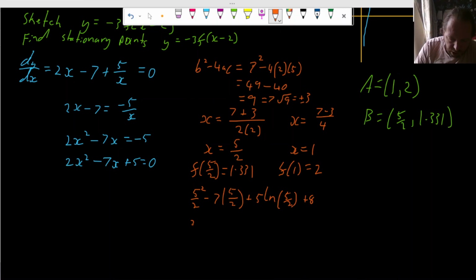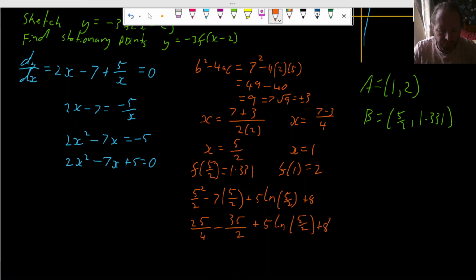We end up with 25 over 4 minus 35 over 2. Now, how are they going to want the answer in the book written for that? We could do ln 2, we could do ln 5, but I think ultimately they left it with a 5 ln 5 over 2. So let's leave it as plus 5 ln 5 over 2 plus 8.